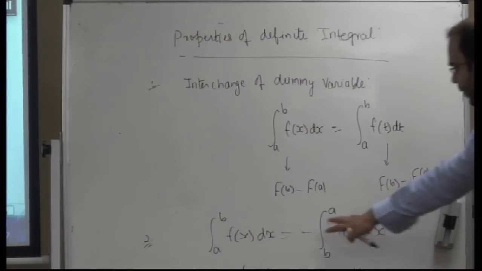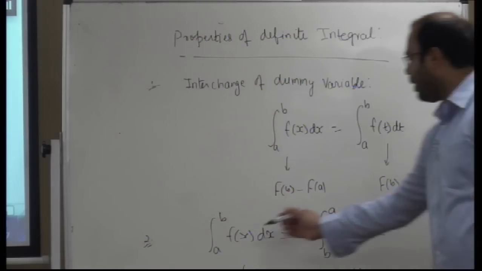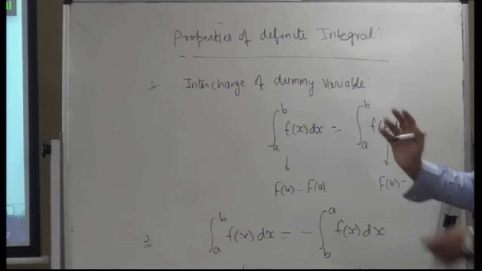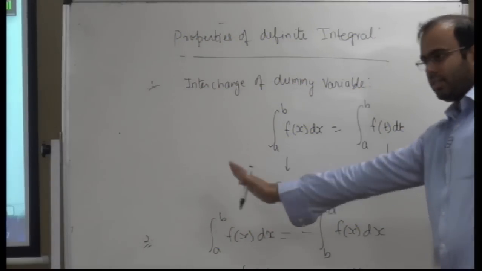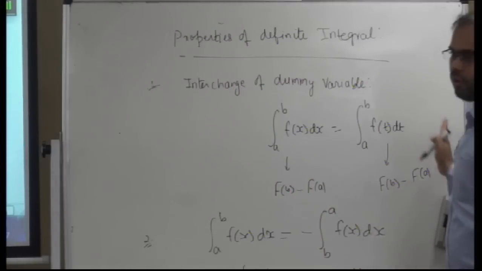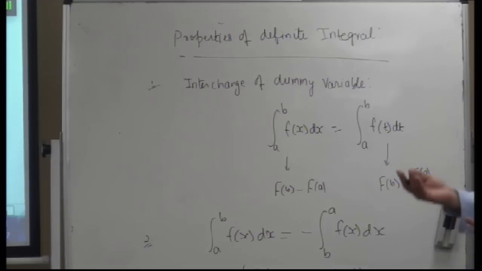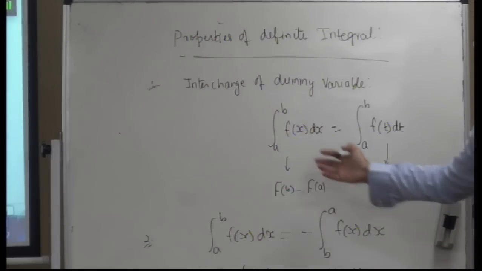So when you see why this minus is coming, simply because you are taking from b to a, that means the integration is not going from left to right. If a is smaller and b is greater, here the integration is from left to right, here the integration is from right to left. So the minus sign would be like you are taking the base in the negative direction, negative x-axis, and we know this is an algebraic integral.